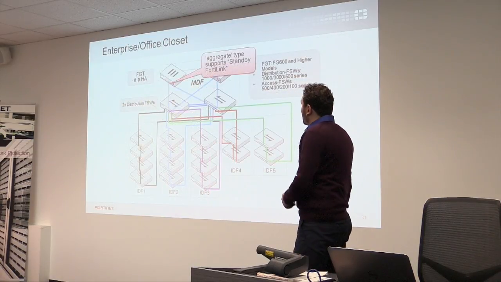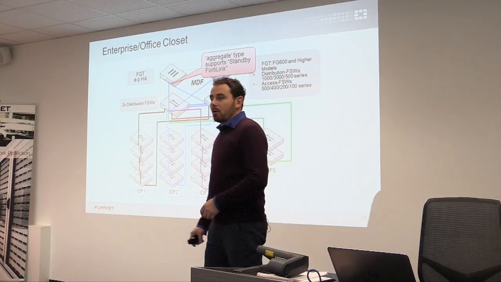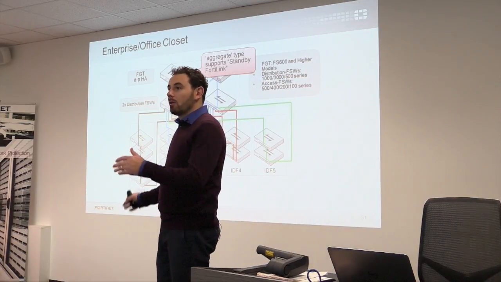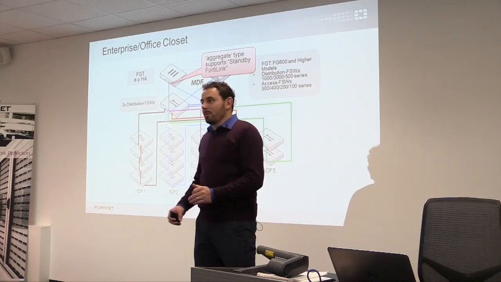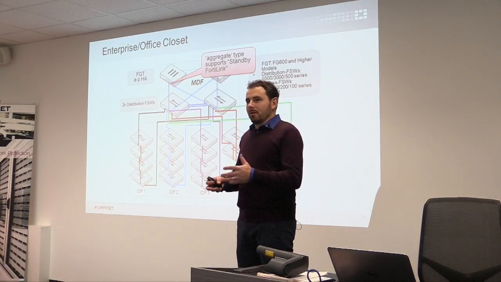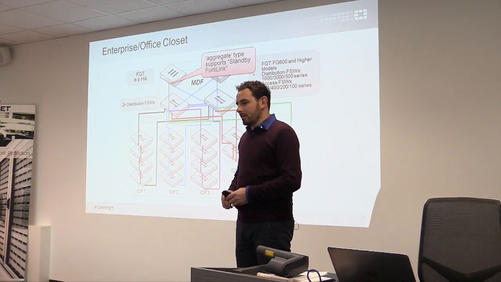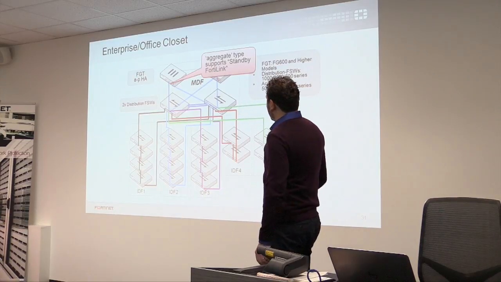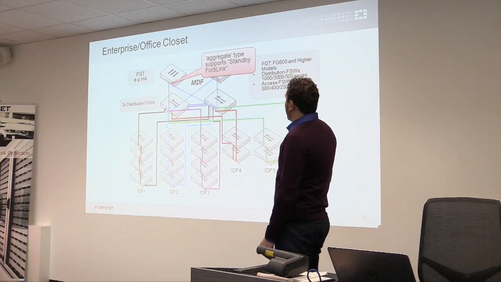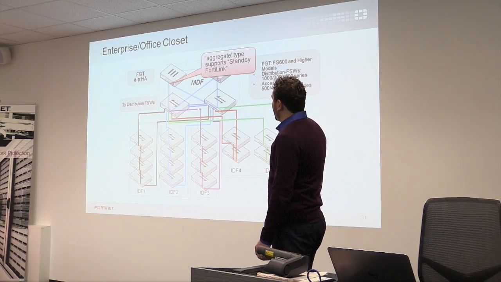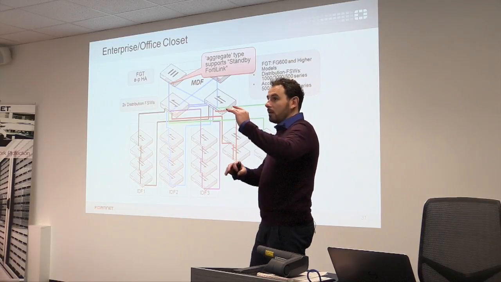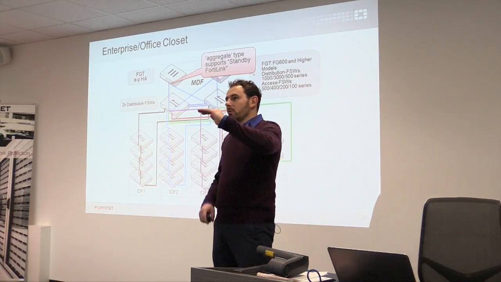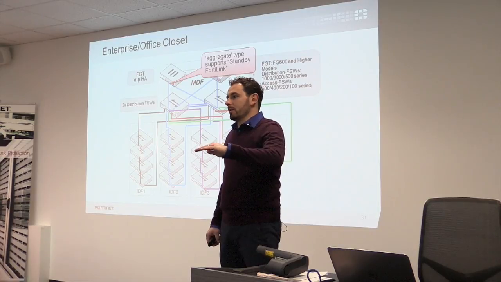Right. So enterprise office closet. I copied this from the documentation because I really want to make sure that this is clear. So we have HA, and we have then switches in layers. So we have distribution and then the access.